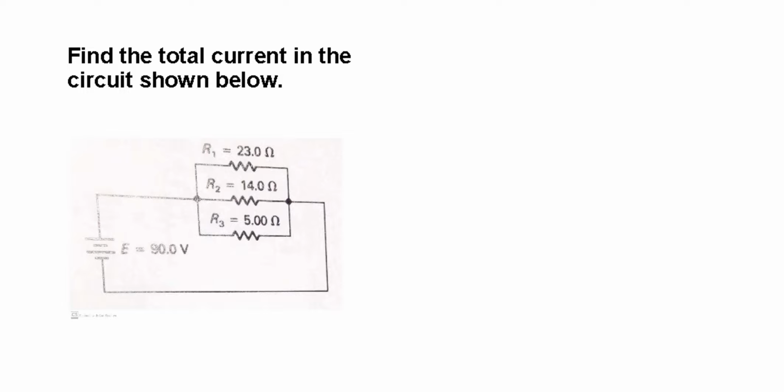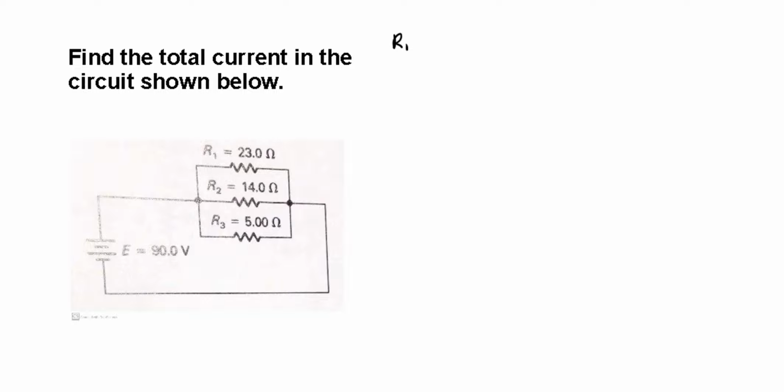Now, the first step, as you know, is to write out the parameters. R1 is equal to 23 ohms. R2 is equal to 14 ohms. R3 is equal to 5 ohms. Another parameter we have is the EMF or the voltage, which is equal to 90 volts.